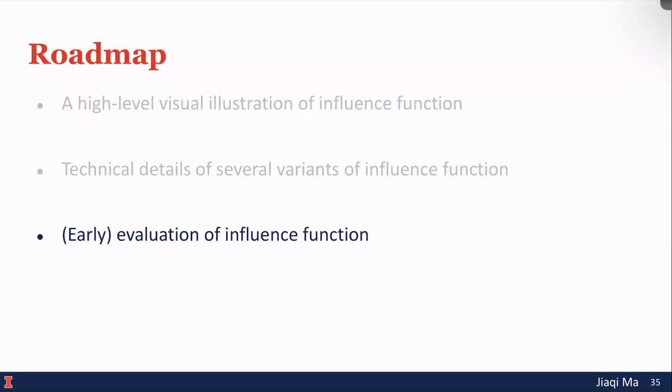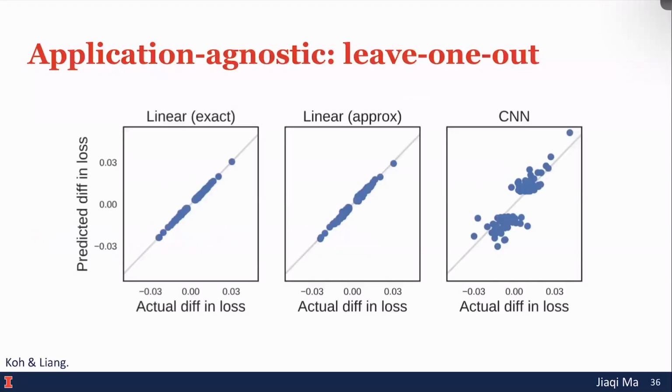I would say there are two types of evaluation: one is application agnostic and another is application driven. For application agnostic, one metric is basically comparison with leave one out retraining. So the evaluation could be pretty expensive.